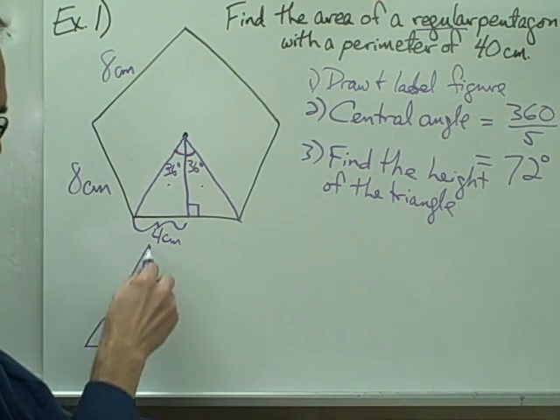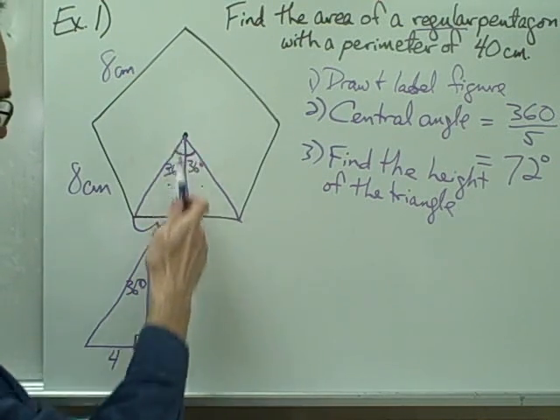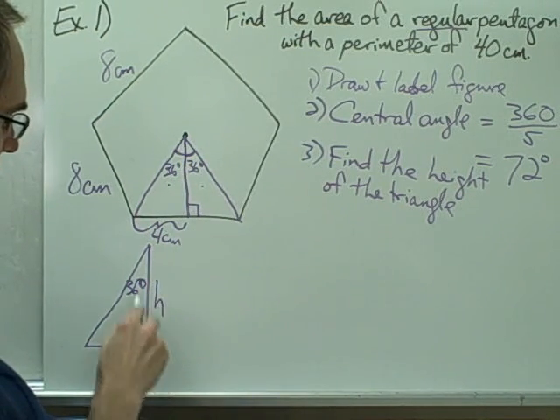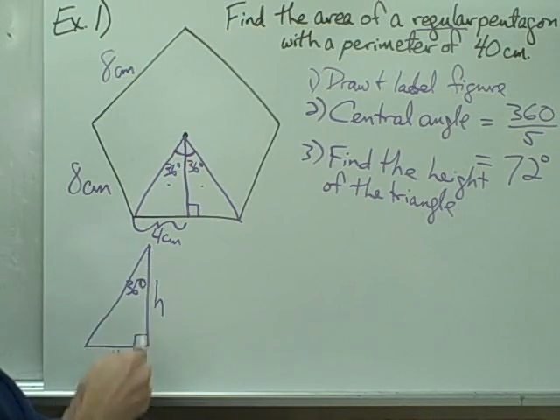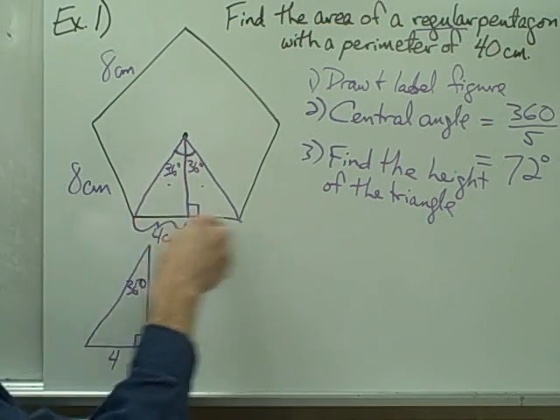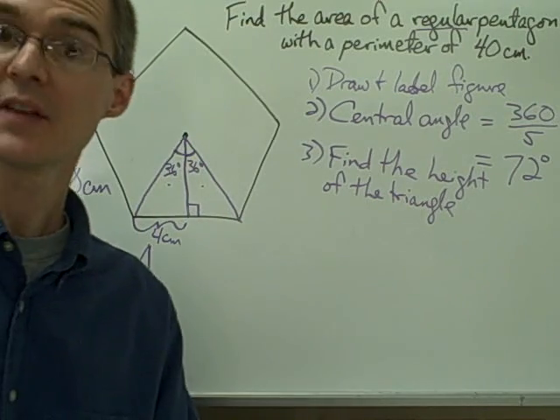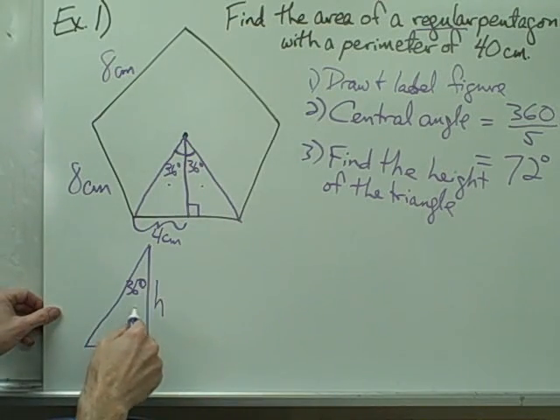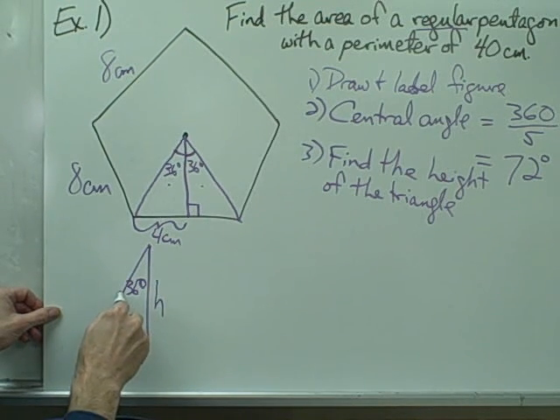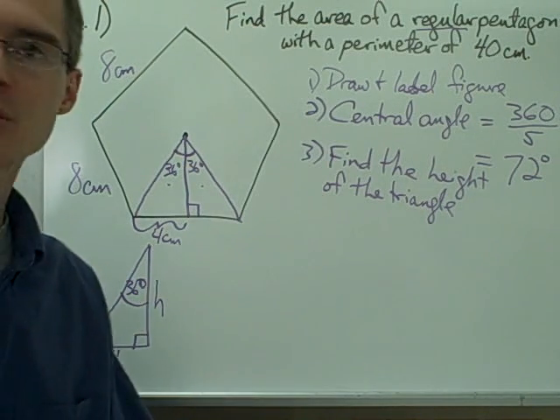What I would like to know is the value of this distance right here. Let me call that h, for the height of this triangle. If I know this distance, then I can find the area of that triangle. Then I can multiply it times 5 and get the area of the pentagon. I have a way to find h by using this angle and what I know about my trig ratios.